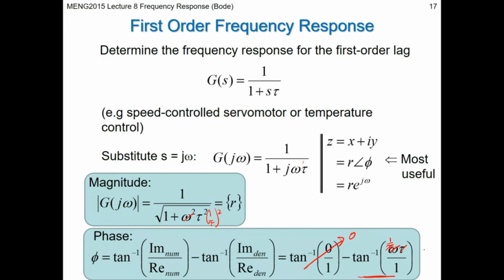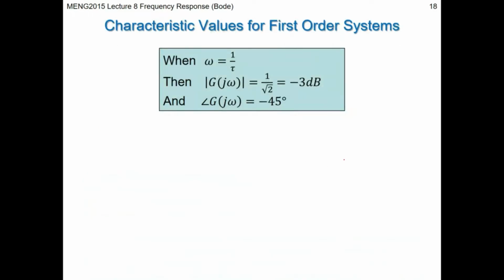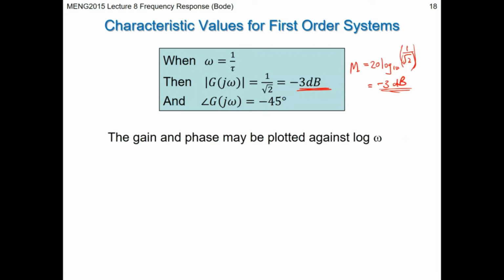So these taus are going to cancel, so it's going to be inverse tan to the minus 1 of 1. And this one is going to be 1 plus 1 square rooted, so it's root 2. So in this special case, the magnitude is 1 upon root 2, which is minus 3 decibels, and the angle is minus 45 degrees.